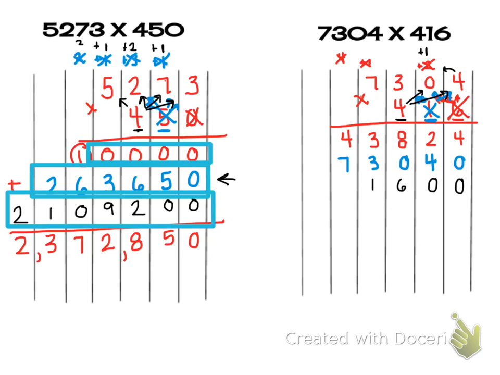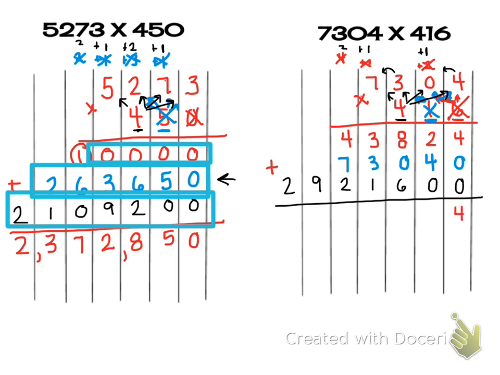Nothing to regroup. 4 times 3 is 12, and the 1 has to go over from the 3, which I just multiplied by. And 7 times 4 is 28, plus the 1 is 29. I put the 9 in the place value. I carry the 2 over, but there isn't another number to multiply by, so I can just put the 2 in my answer.